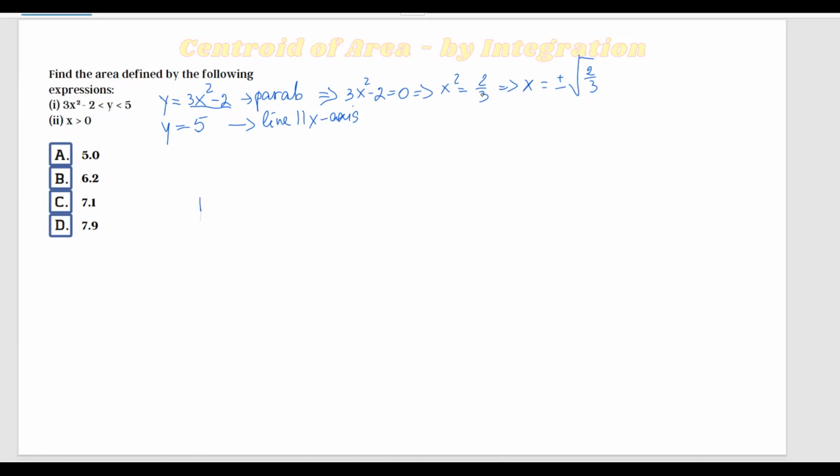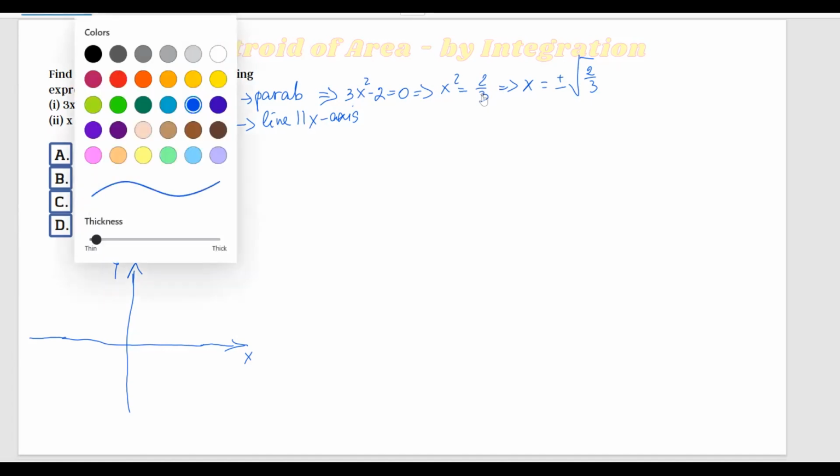So I'm going to draw the x-axis. Actually, let me move it a little bit closer here, I'm going to need space. This is the y-axis, and this is the x-axis. And I can represent this line, which is parallel to the x-axis.